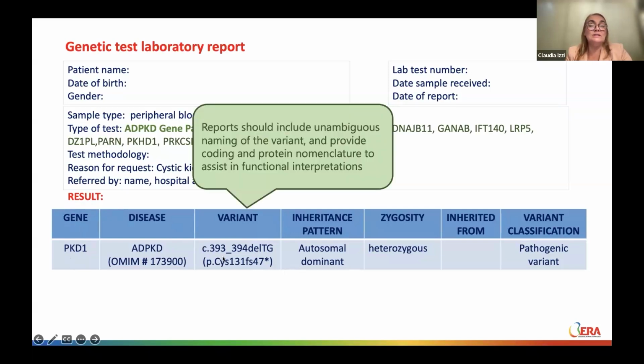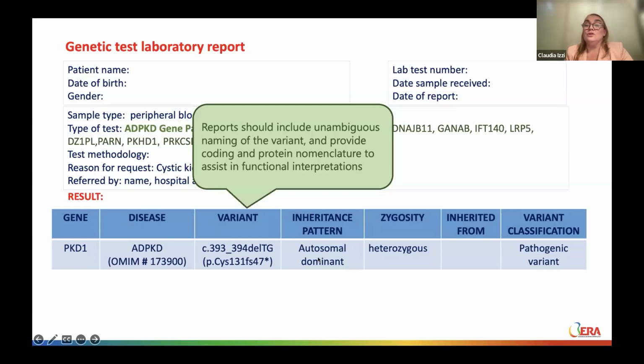And it is important to note the type of nomenclature used, and you should find both the cDNA variant and the protein variant. This is important for interpretation of the genetic test report.